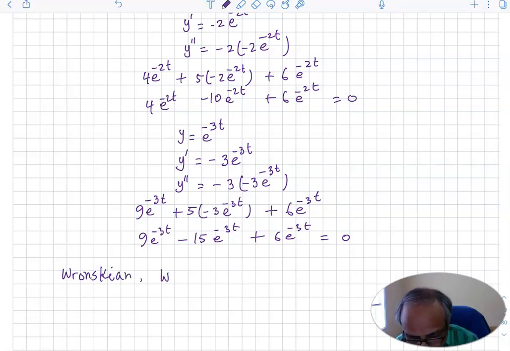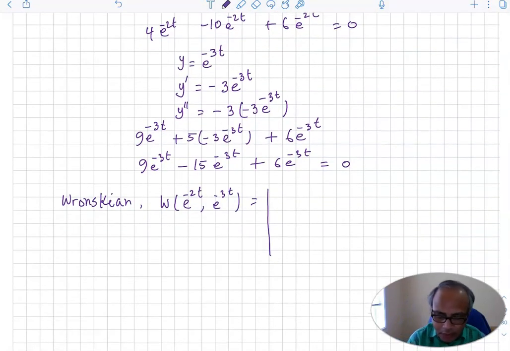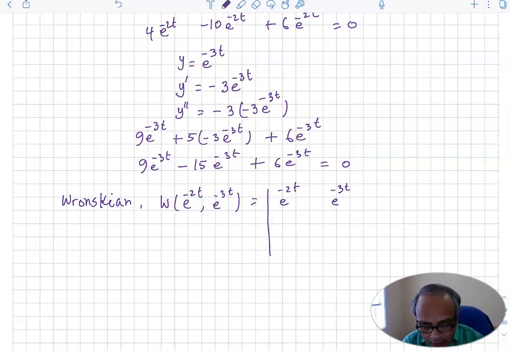So the Wronskian of e to the power negative 2t and e to the power negative 3t. You form the first row of the matrix. If you form a matrix, you take the determinant, so it doesn't really matter whether you form a matrix or a determinant.